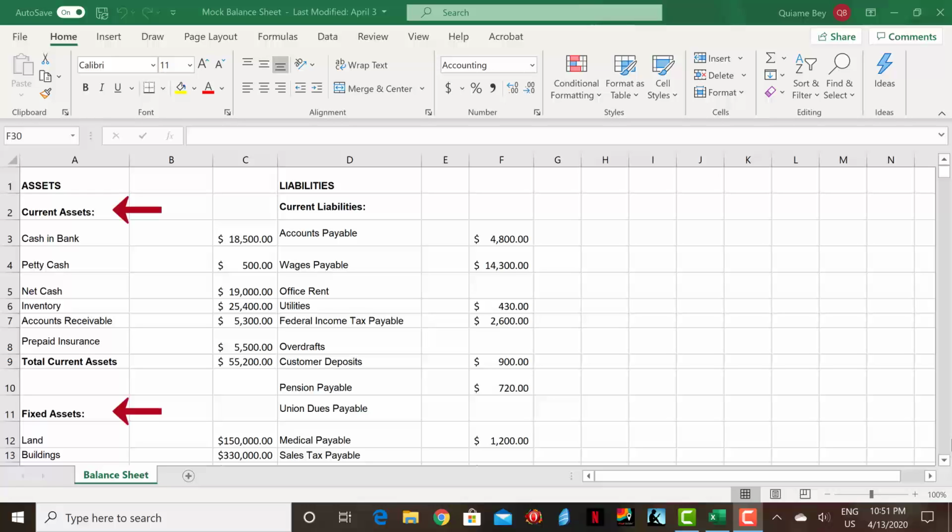Cells A2 and A11 are subcategory headings, which are current assets and fixed assets. Cells A3 through A8 are subcategories of current assets. Cell A9 is the total for current assets.